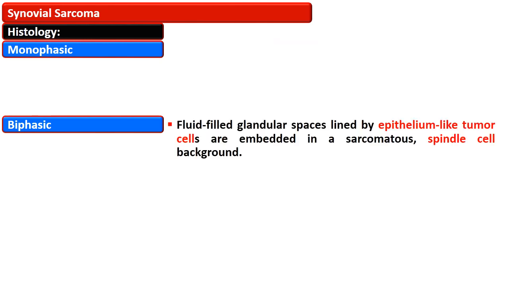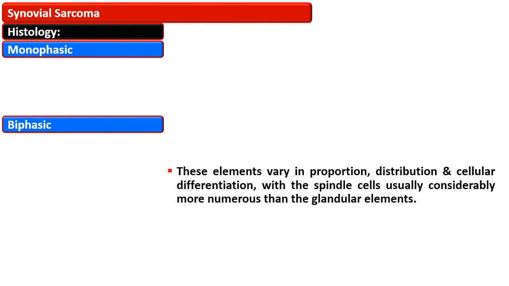The biphasic pattern of this synovial sarcoma is represented by fluid-filled glandular spaces which are lined by epithelial-like tumor cells, and these glandular spaces are embedded in a sarcomatous spindle cell background.